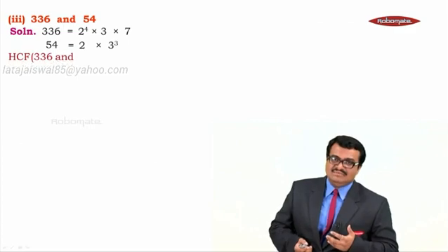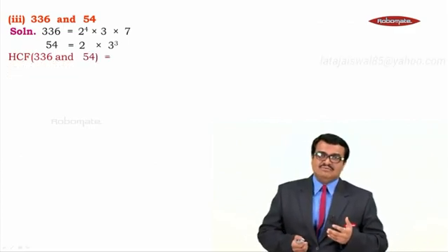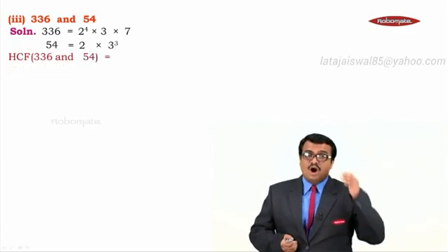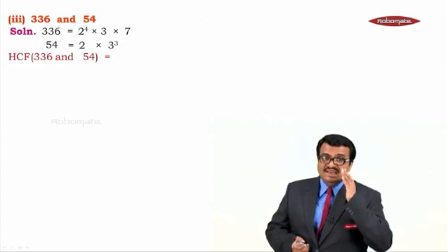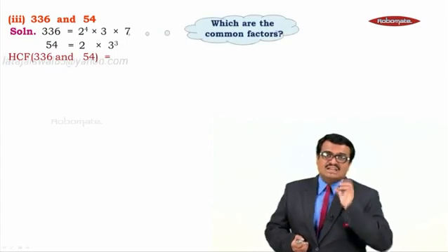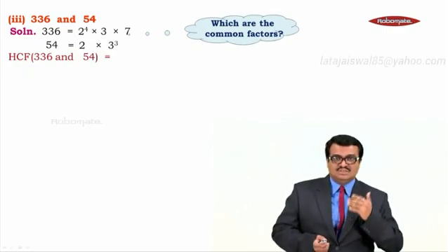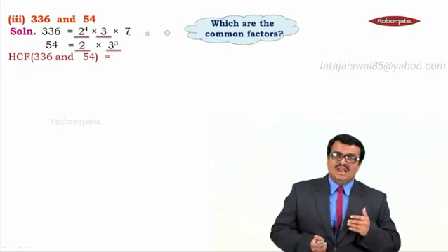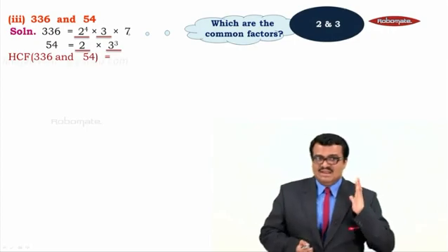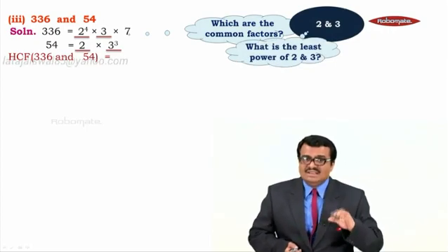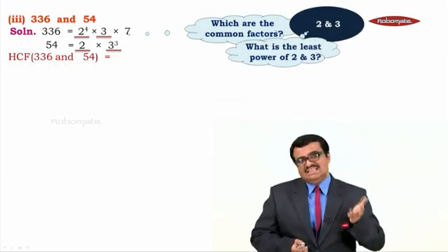Now let us write HCF. HCF of 336 and 54 is equal to product of common factors raised to least powers. Okay. So which are the common factors? The common factors, if you compare these two numbers, are 2 and you can see 3. So 2 and 3 are the common factors. Now what is the least power of 2 and least power of 3?